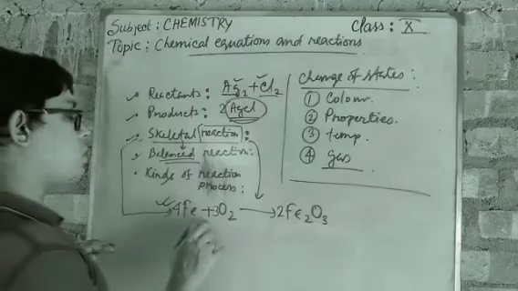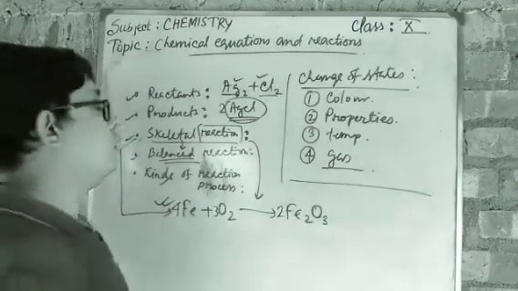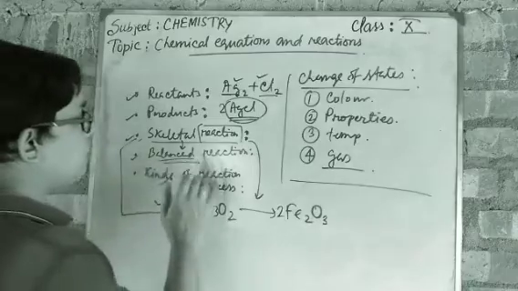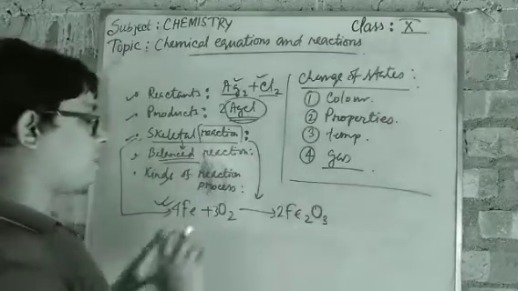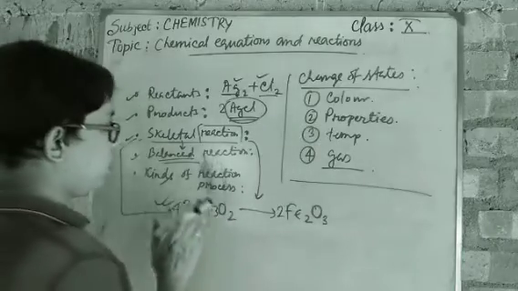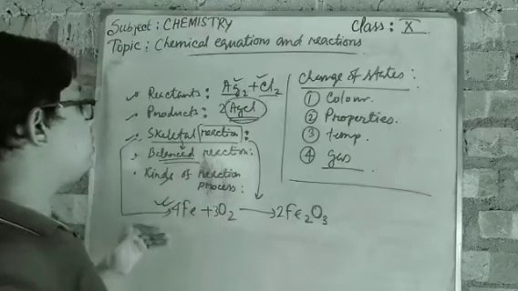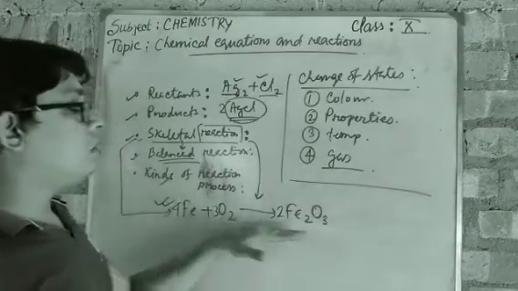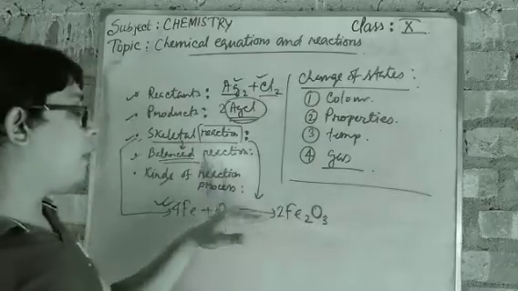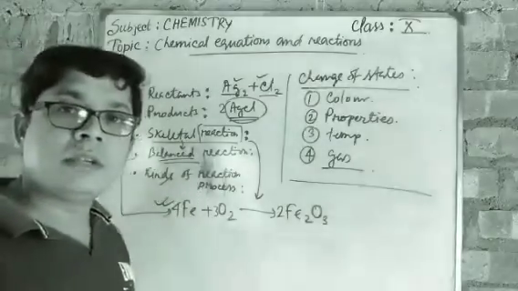In the equation, the addition sign you have to use, because we are adding. And when unbalanced numbers of atoms are present along with the reactants and the products, it is called the skeletal reaction. And the balanced reaction means both sides of the arrow, the reactants and the products, are totally balanced equally.